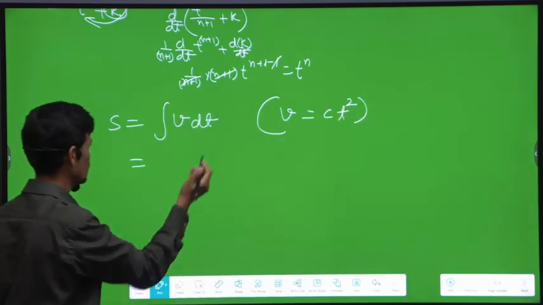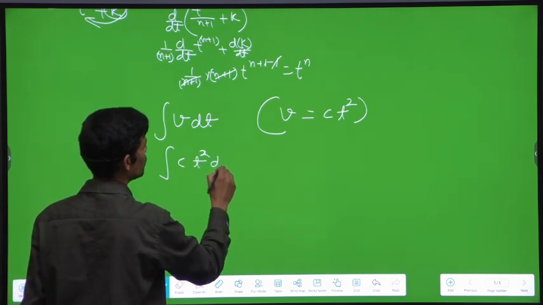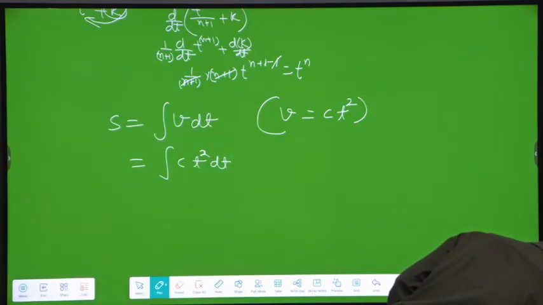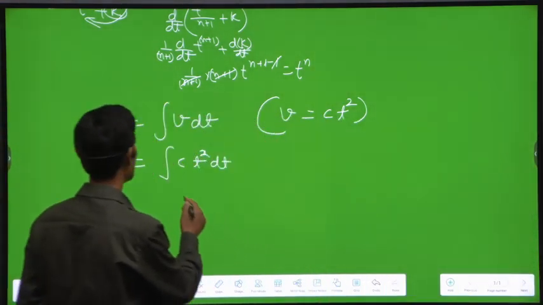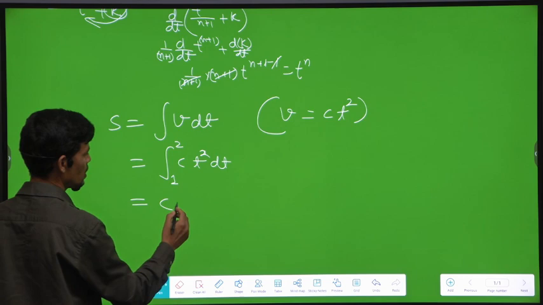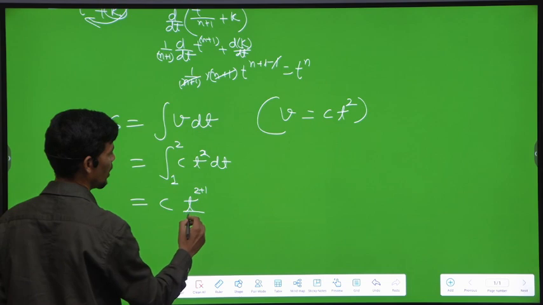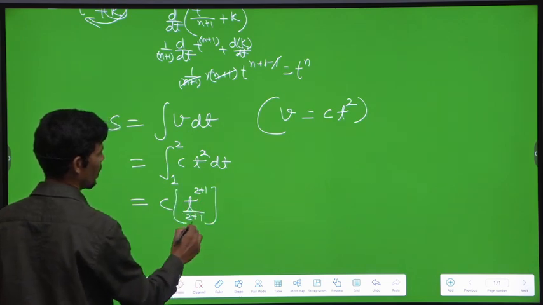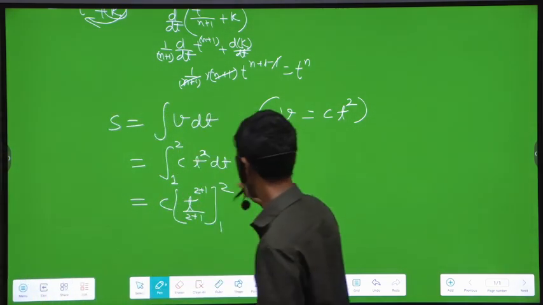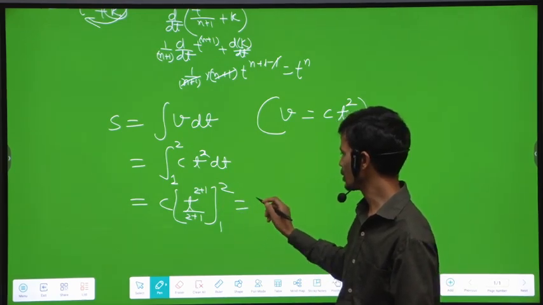Let us suppose some question like this comes. This is integral of c t to the power 2 dt, and let us suppose the limit of integration is 1 to 2. Then c t to the power 2 plus 1 by 2 plus 1, and now I will put this bracket and write this limit here, just to indicate that I'm still working on this limit.